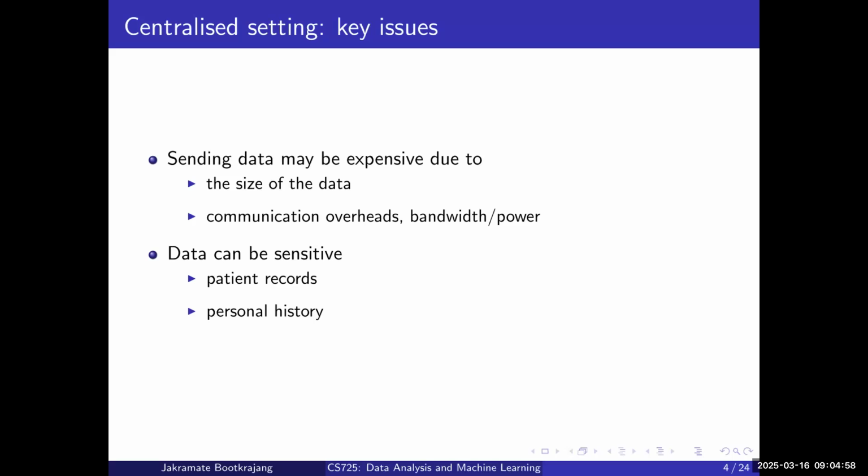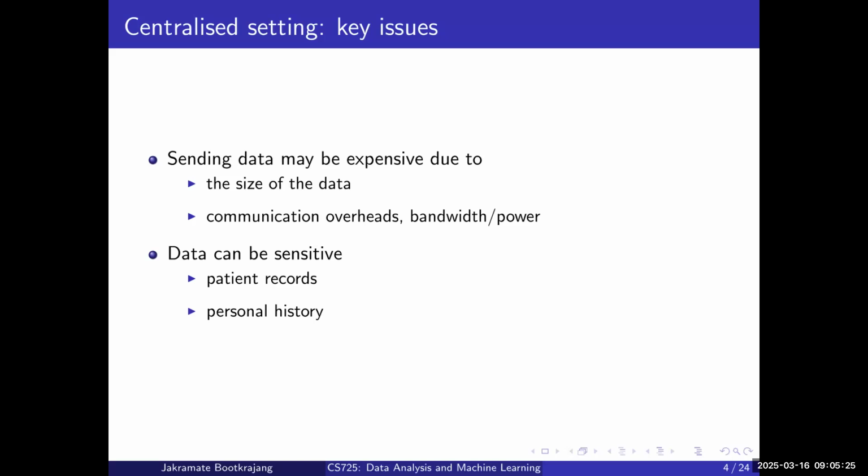For example, if you want to make an application to analyze CT scan images, then each hospital would have their own data, right? Would have their own CT scan images, but you cannot just send all those scan images into one place because there is a protection on the data, right? It's the patient's privacy.